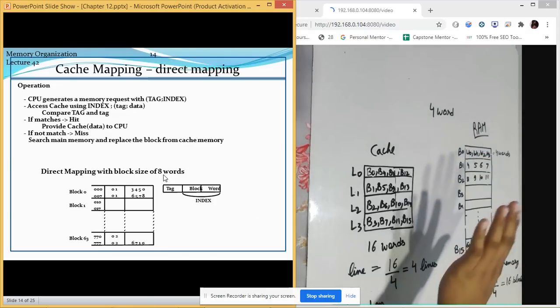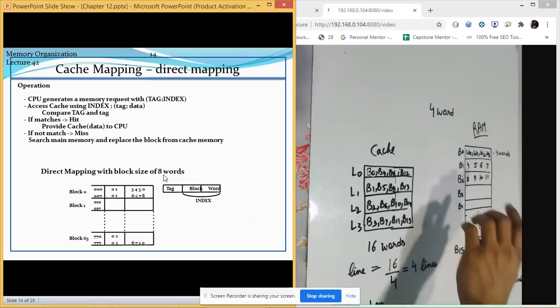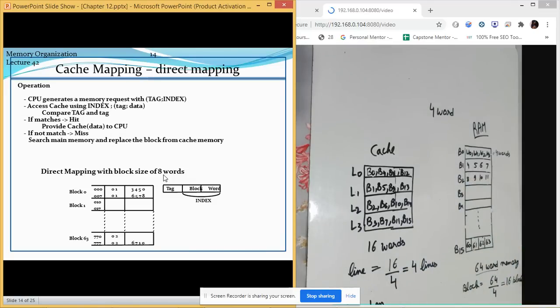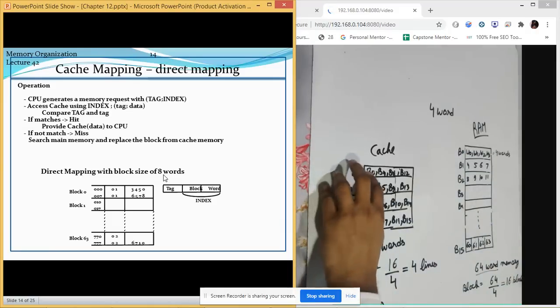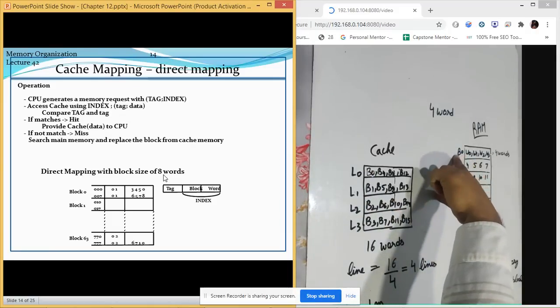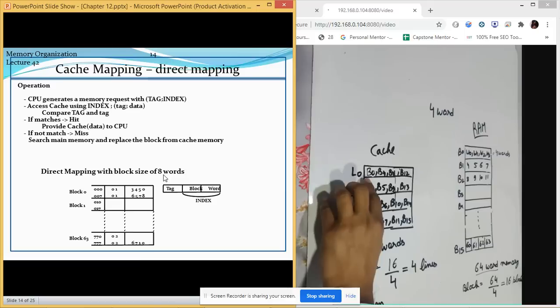Here we are representing it as W. We have less time and space, which is why I am explaining it like this. These are the words, these are the blocks. One particular block from this place will be shifted to the cache.